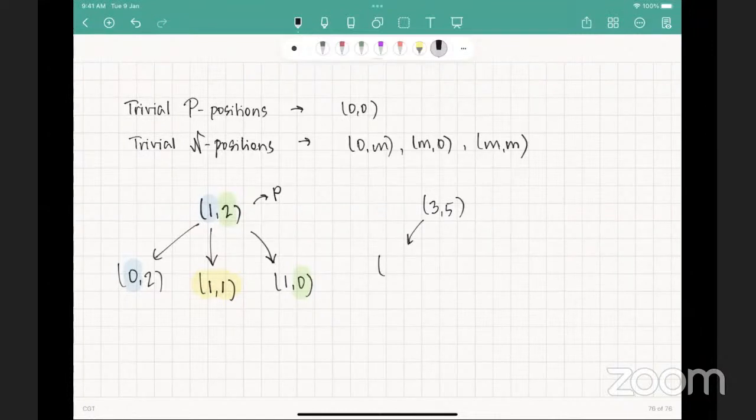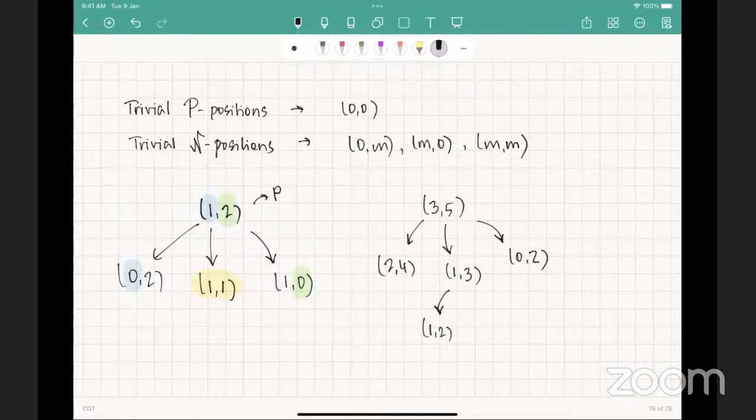Again, if you try to remove, let's say, the same number of sticks from both piles. So let's say you go down to here, 2, 4. But no point in going here. So what about 1, 3?